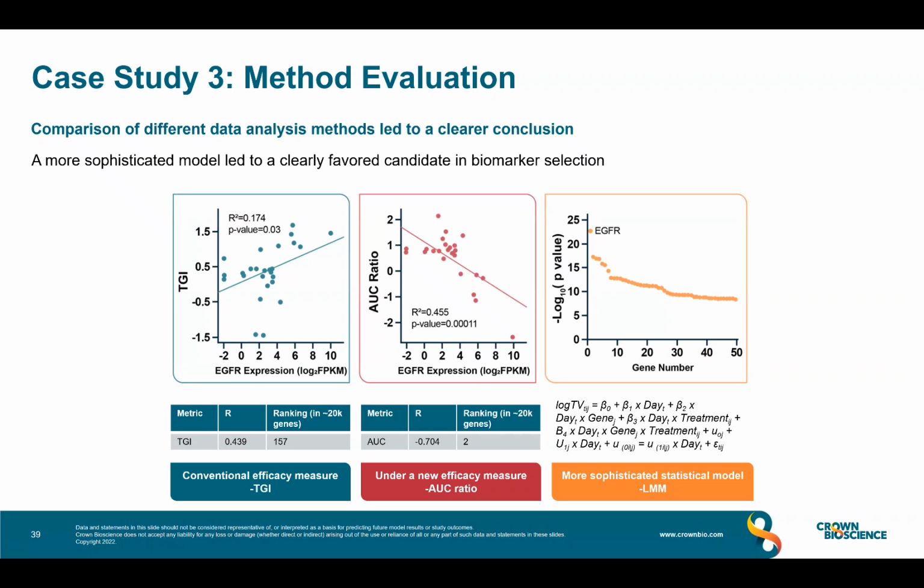So we are able to verify EGFR expression as the top gene expression biomarker for cetuximab in gastric cancer.